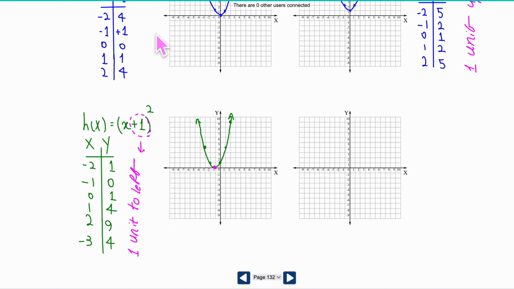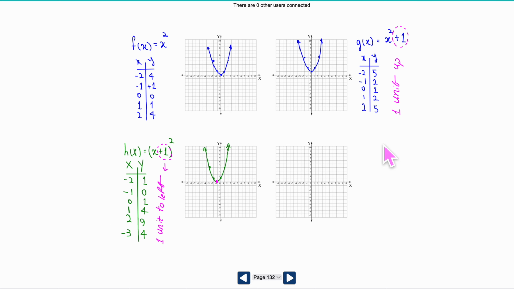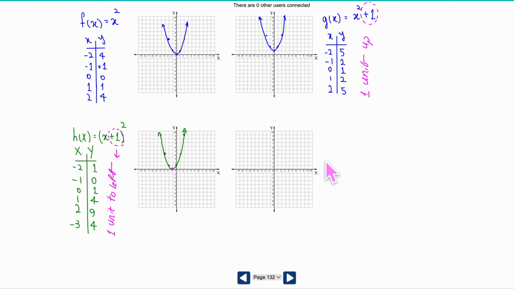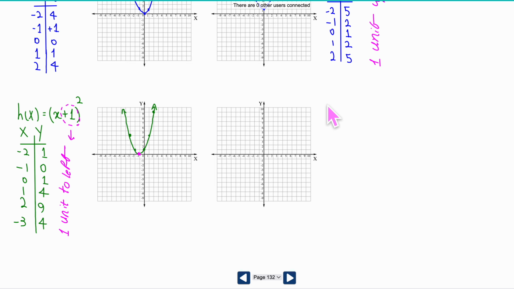Now let's consider how our graphs are going to behave if we were to multiply something to them. Okay, we're going to write that over here. This time we're going to call it, how about, m of x.